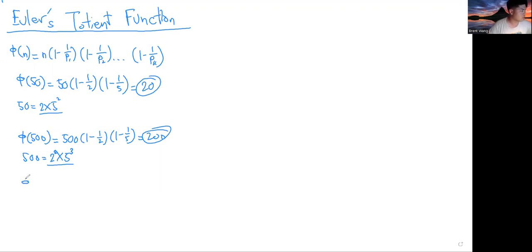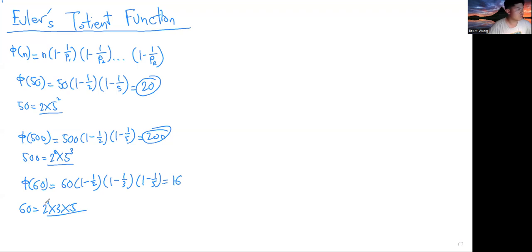Let's do one more. Phi of 60: 60 is equal to 2 squared times 3 times 5. That's the prime factorization. So 60 times (1 minus 1 over 2), times (1 minus 1 over 3), times (1 minus 1 over 5), which is equal to 16. You could put this in the calculator yourself.